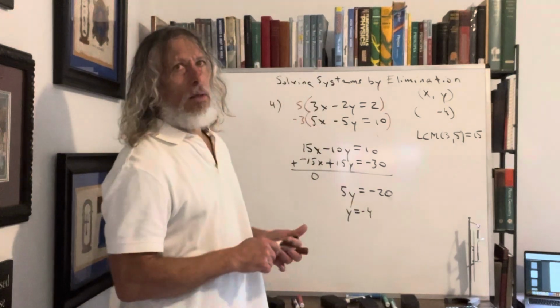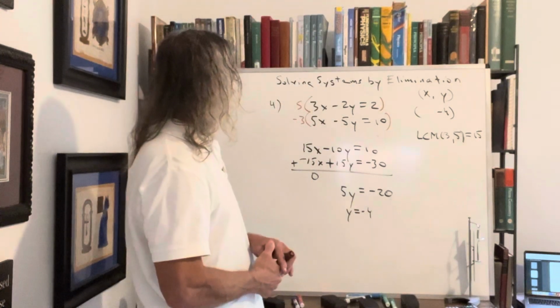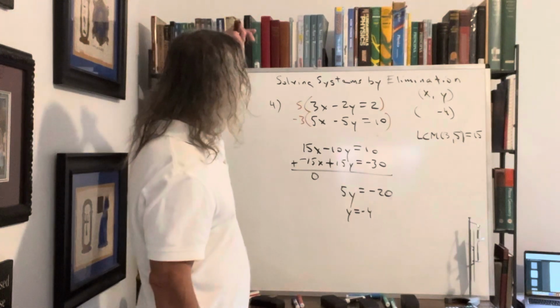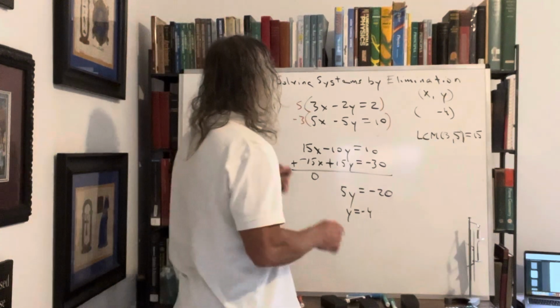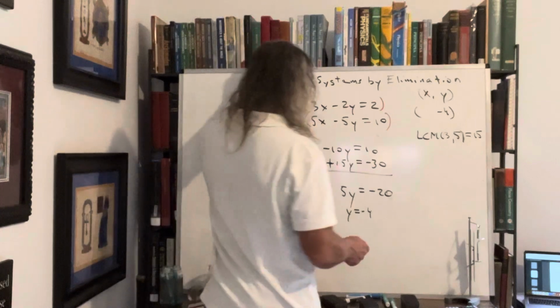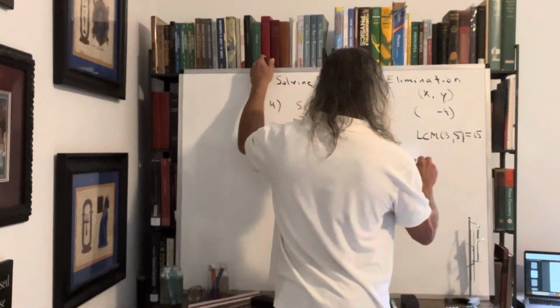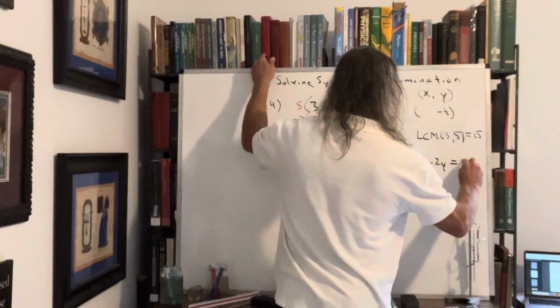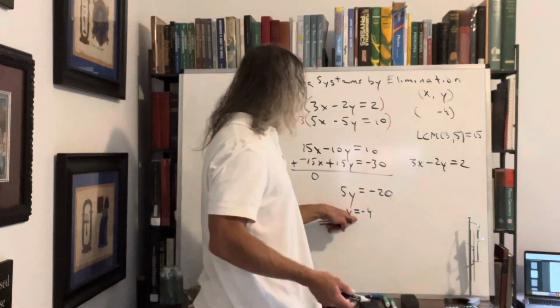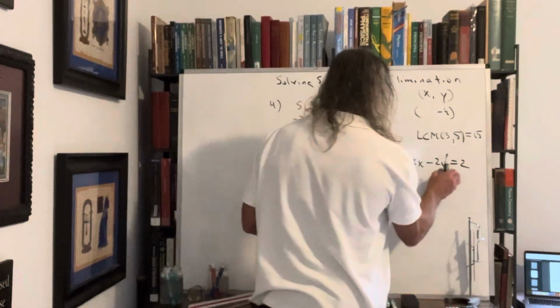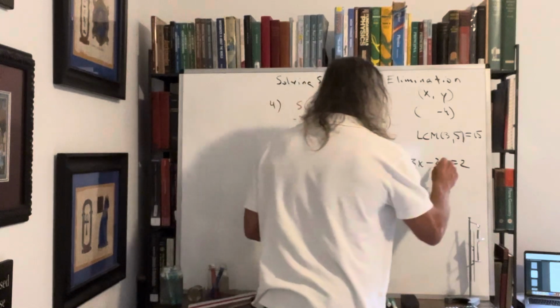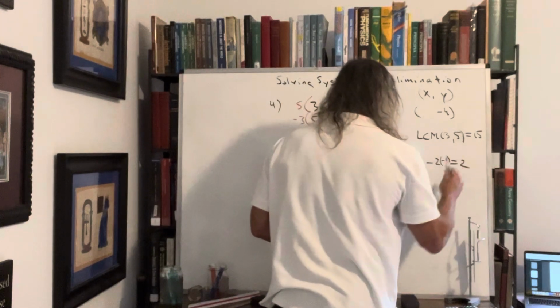Now we need to get our x value. So pick one of the equations. I'll take the top one. 3x minus 2y is 2. But remember, y is negative 4. So y is negative 4.